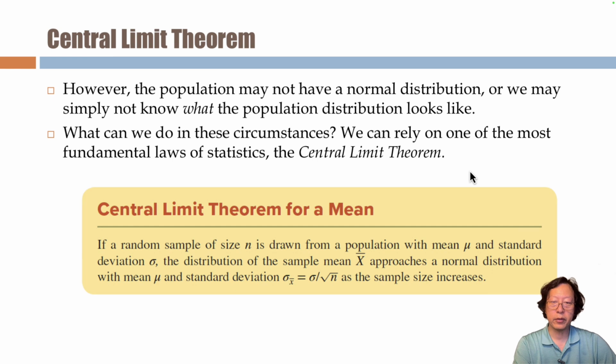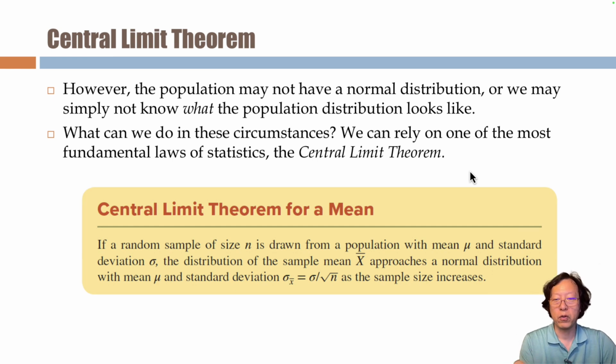The population may not have a normal distribution. But by the central limit theorem, if you have enough samples, it doesn't matter what the population distribution was, the x bar can be assumed to be a normal distribution.